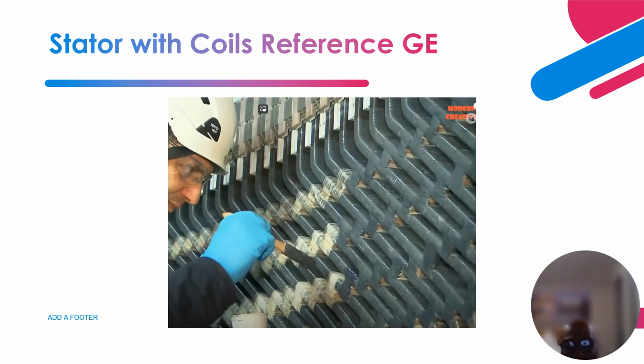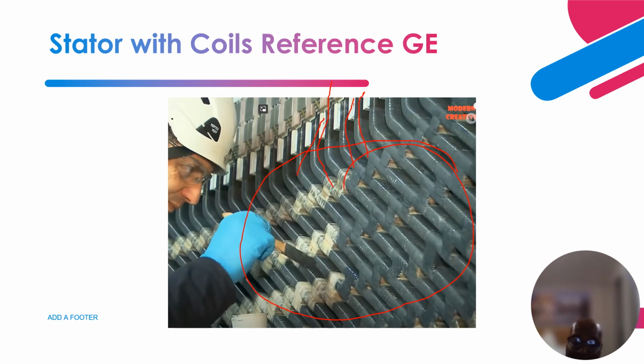Now let's take a look at this beautiful picture. Remember, I made mention that the coils go through the core. So this is the core, and this part is the exit part. This is how the coils are braced together, because of the electrodynamic forces during steady state operation of a generator and during fault condition.